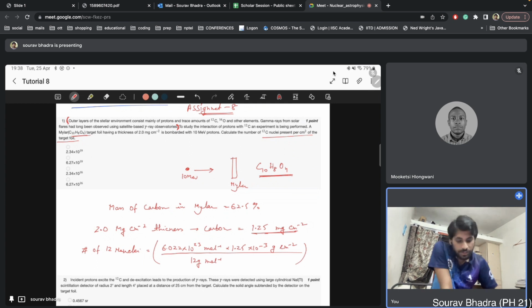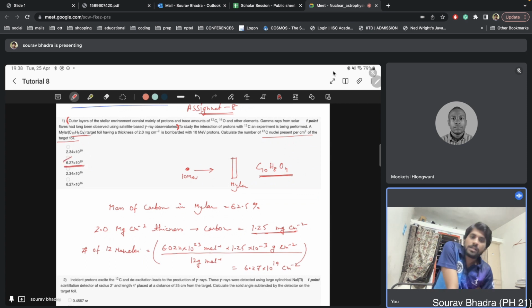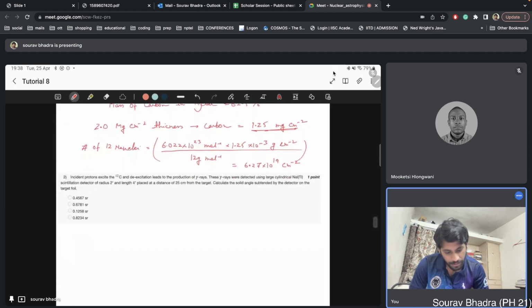This will tell you the number of nuclei per area, that will be 6.27 times 10 to the power 19 per centimeter square, or centimeter to the power minus 2. The value of the power is more important than the constant. This is the number of 12C present per centimeter square of the target foil.